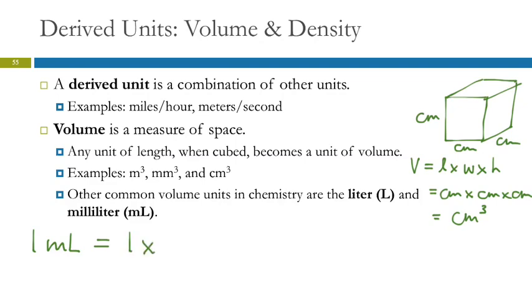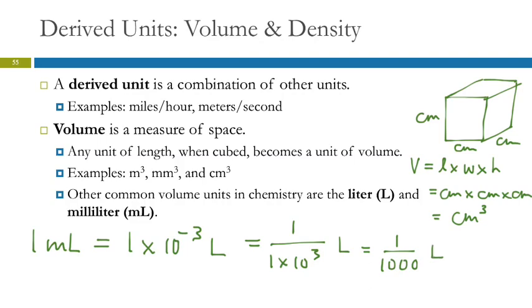So that's 1 times 10 to the negative 3 liters. When the exponent is negative, we could also express that as 1 over 1 times 10 to the third liters, or 1/1000th of a liter. It makes the unit smaller. Any questions?